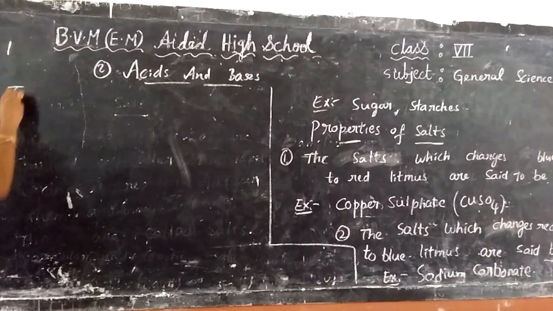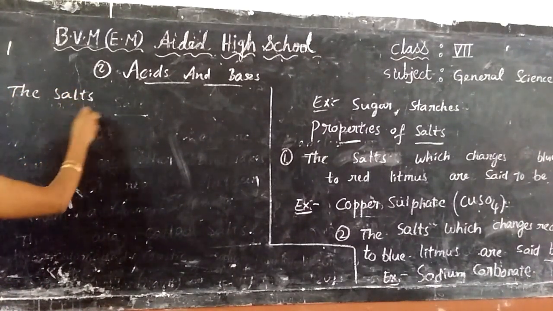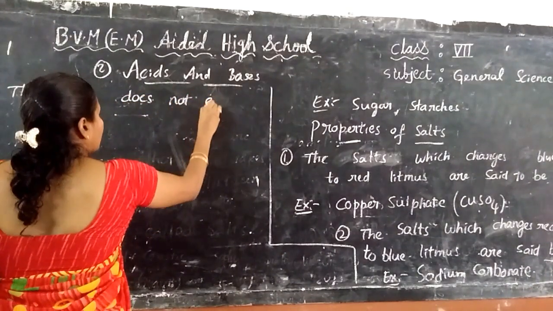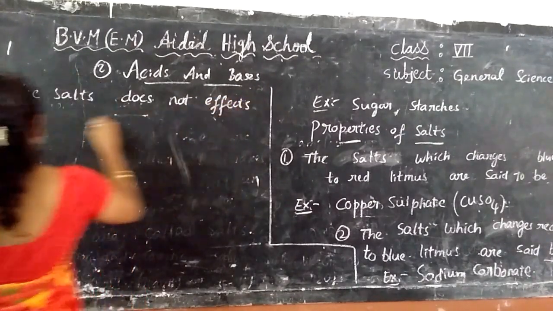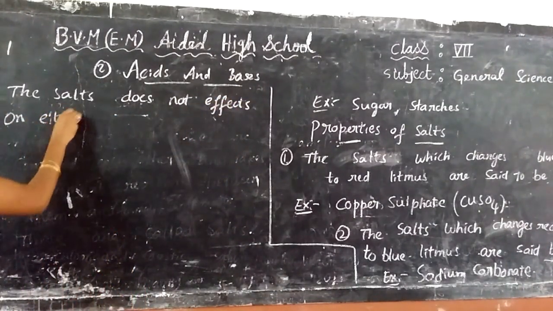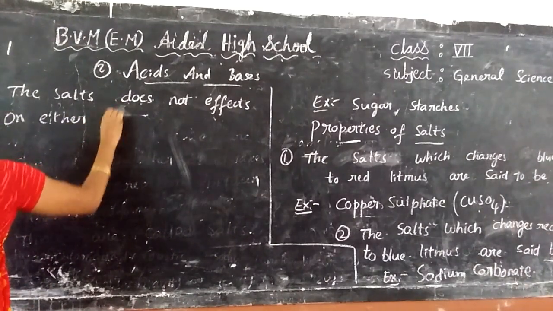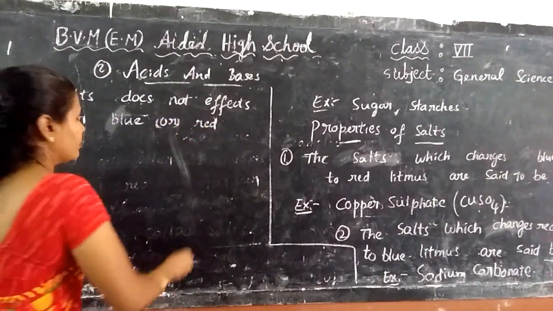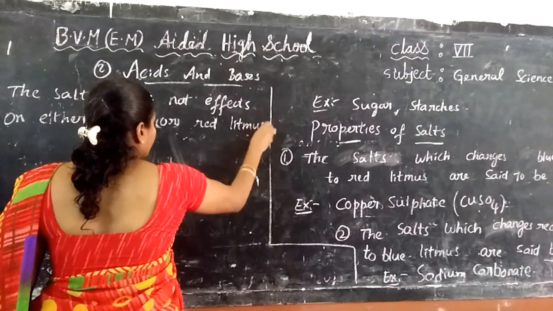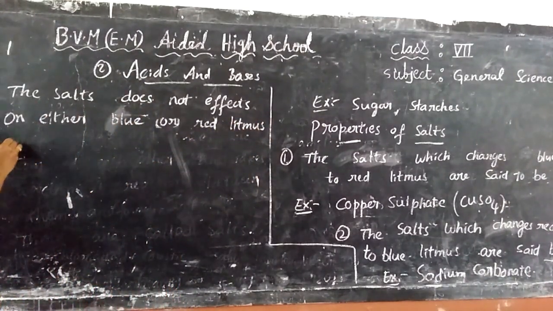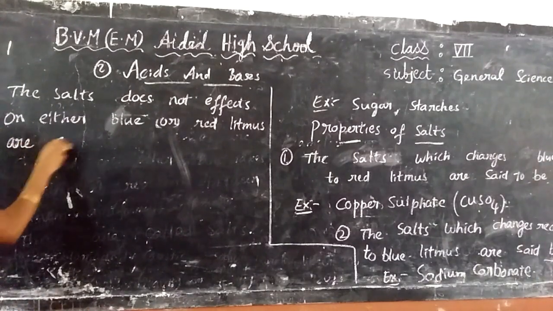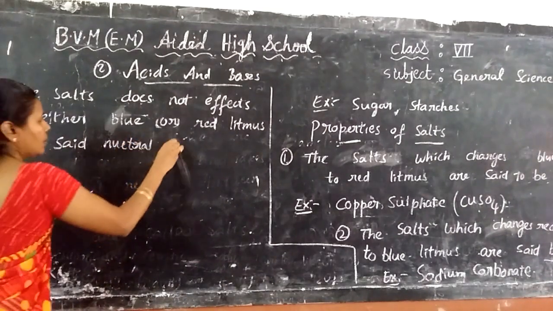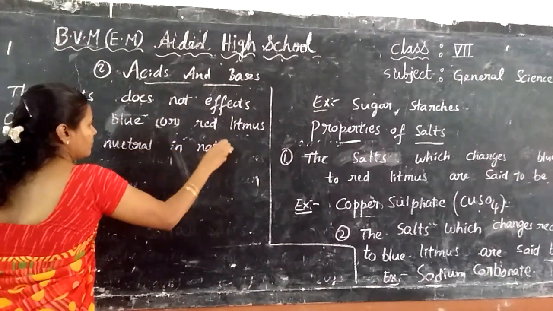Next, the salt that does not affect either blue or red litmus is said to be a neutral salt, neutral in nature.